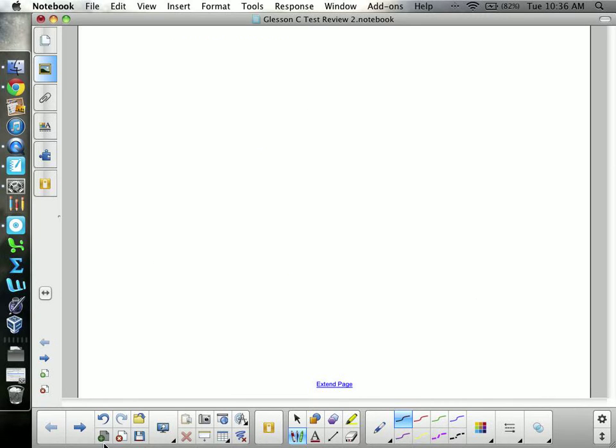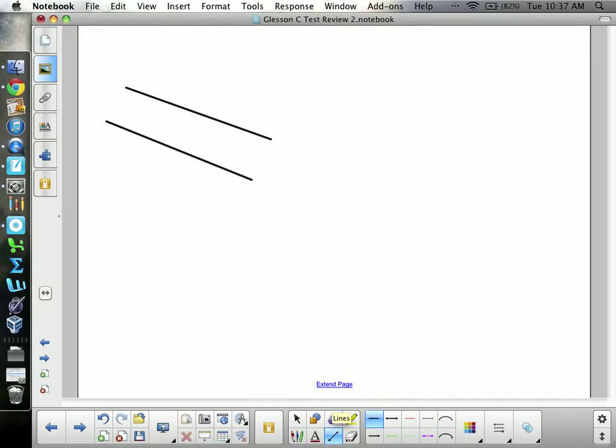Okay. Let's do number 8. Number 8, my lines look like this. Those are parallel with a transversal like this. Again, indication that these are parallel lines. I had 3x plus 15 and 105.